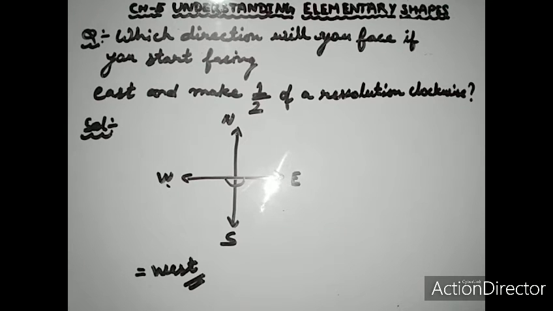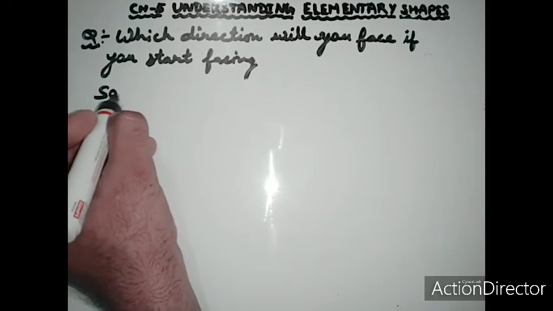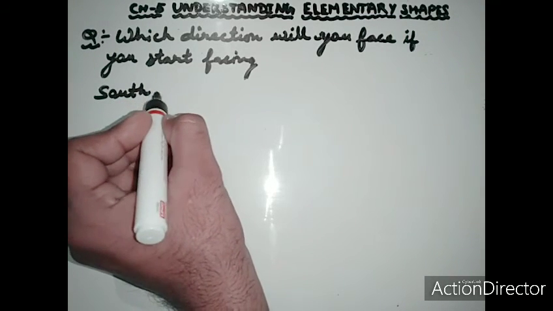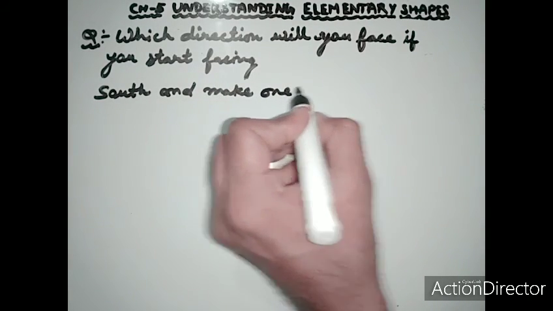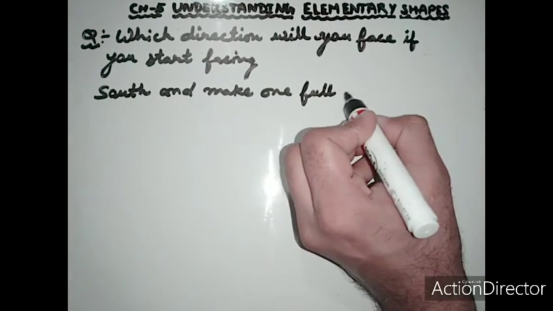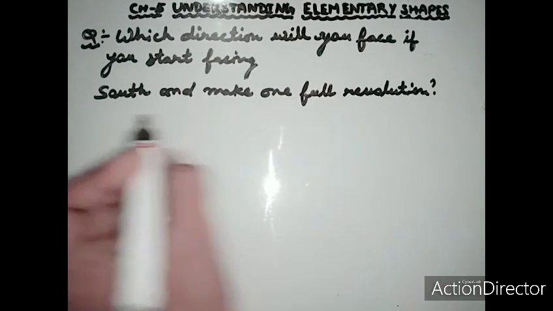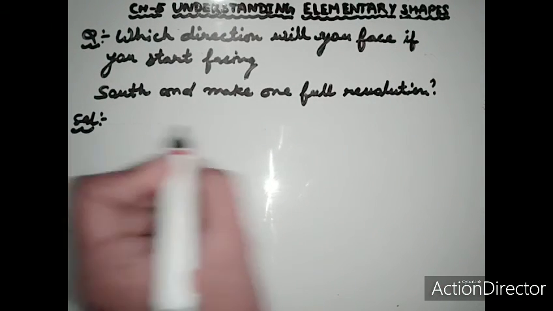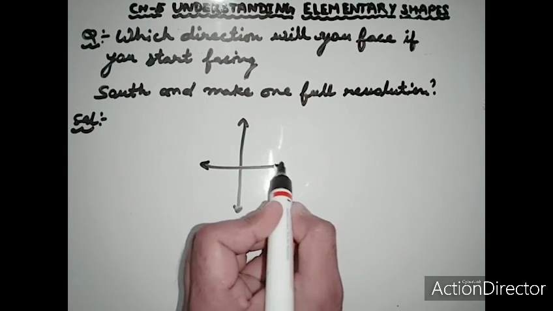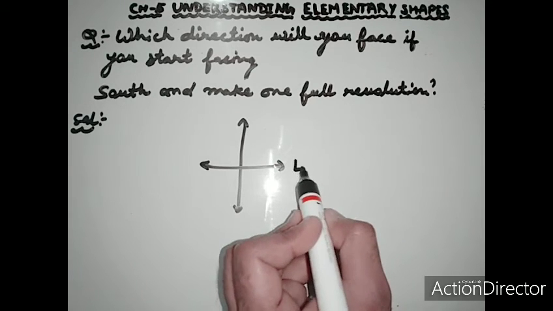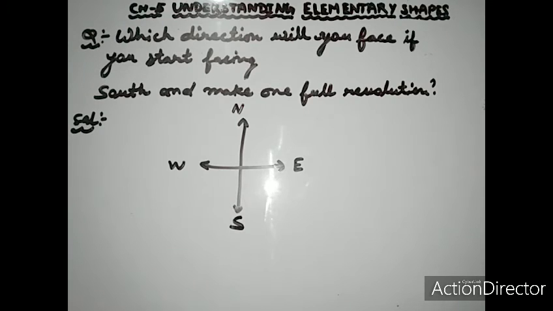Now we take another example here, right? South and make one full revolution, right? Now here we again draw directions here because it helps us to find the exact answer. So east, west, north, south, right?